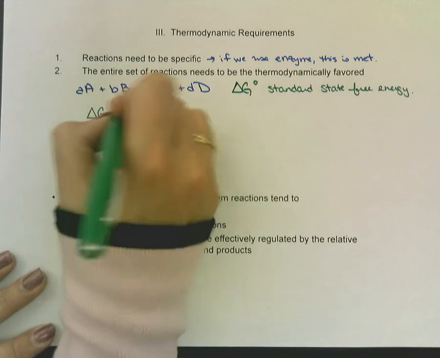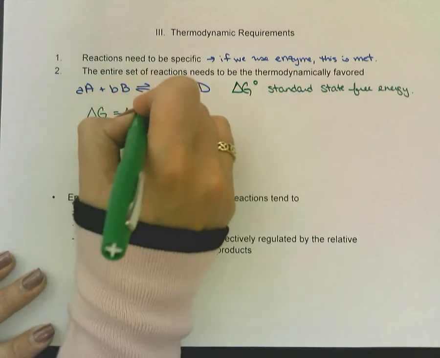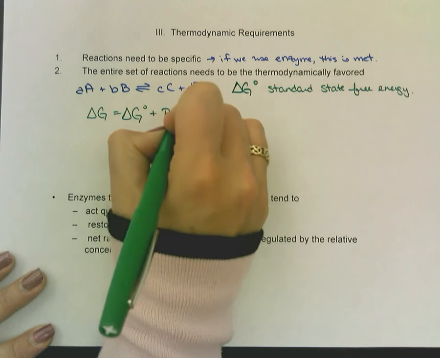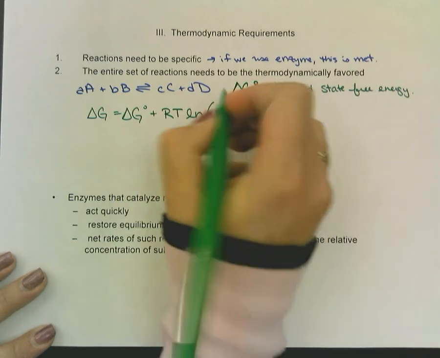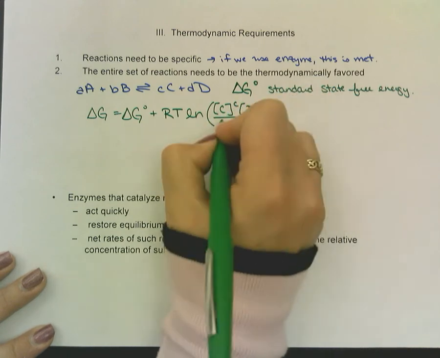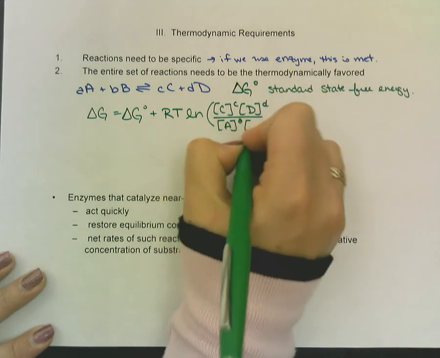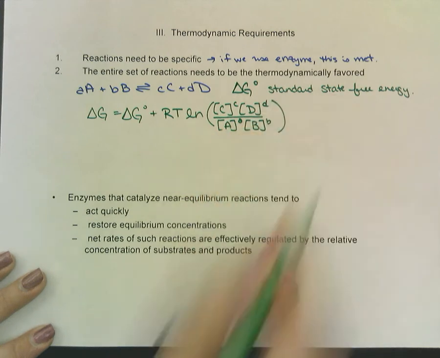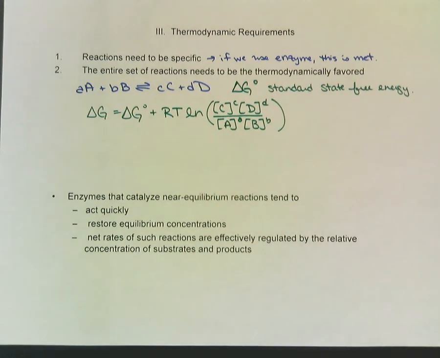So this should look vaguely familiar from the end of Chem 109. Standard state free energy plus the gas constant times temperature times the natural log of products over reactants, each raised to the stoichiometric coefficients, equals free energy, just regular free energy.